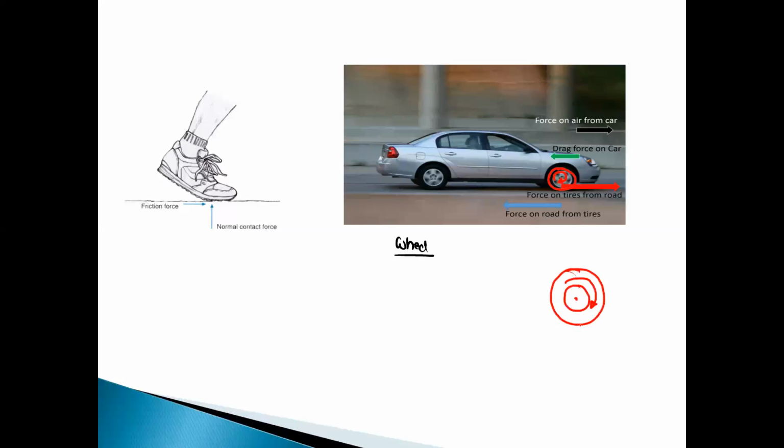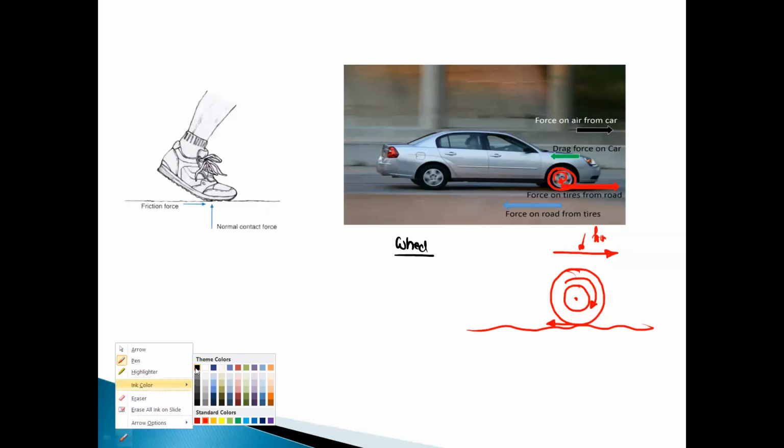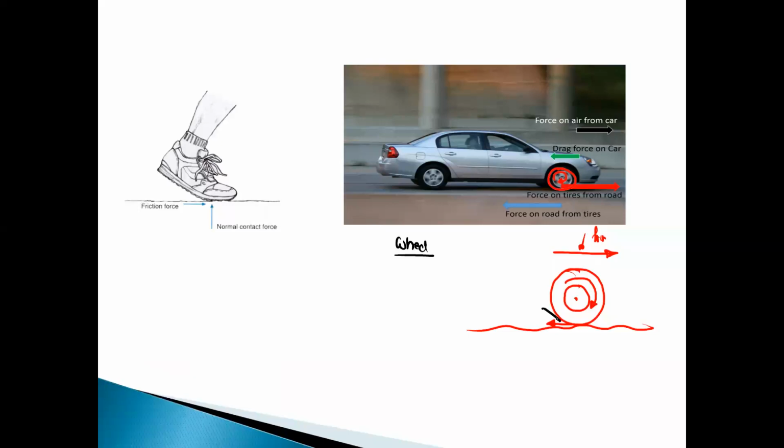The wheel will create a force on the road surface in this direction. Because of the rolling motion, the complete vehicle is pushed in the rightward direction, and this is because of the friction. The road surface will offer the opposite reaction. So this is the applied force, the force on the road surface from the tires.